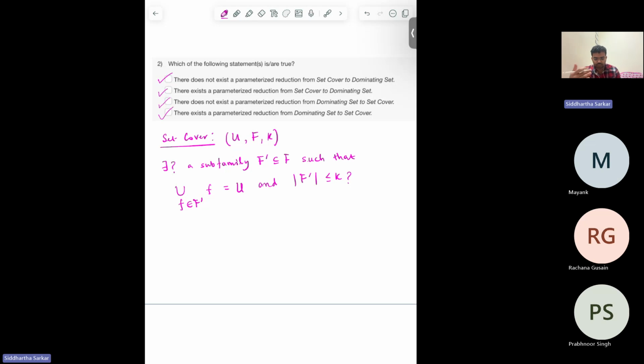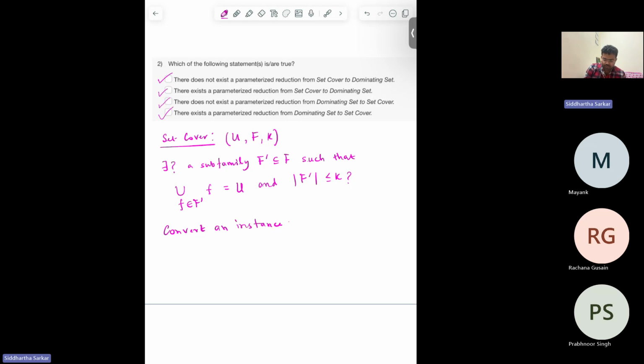So, let's try to establish equivalence. If there is a parameterized reduction from set cover to dominating set, then we should be able to convert an instance. Let's do the other way first.